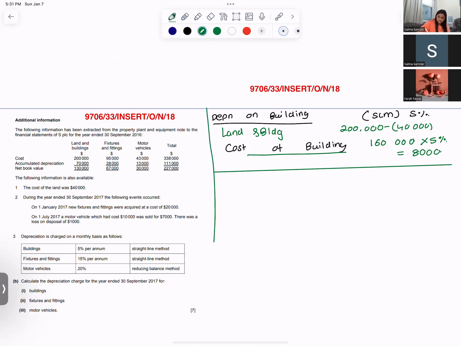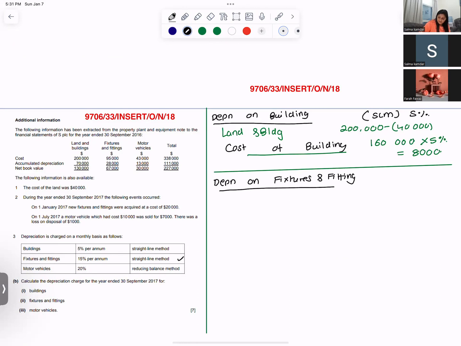Now I will do what? Fixtures and fittings. What is the policy for fixtures and fittings? 15% per annum straight line method. Is there any event that has happened for fixtures and fittings?